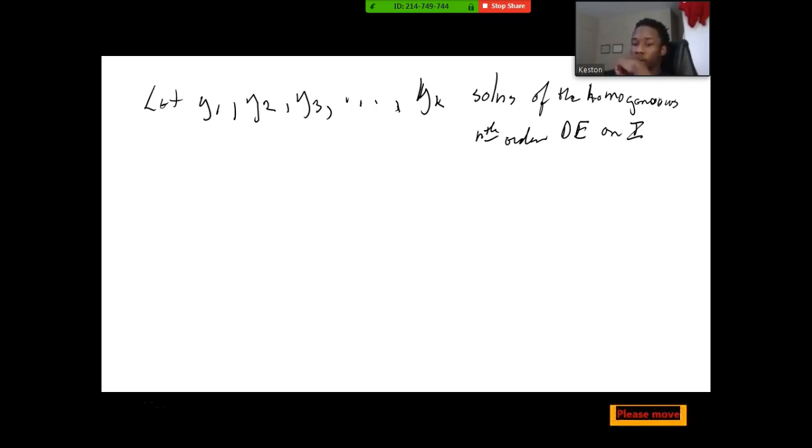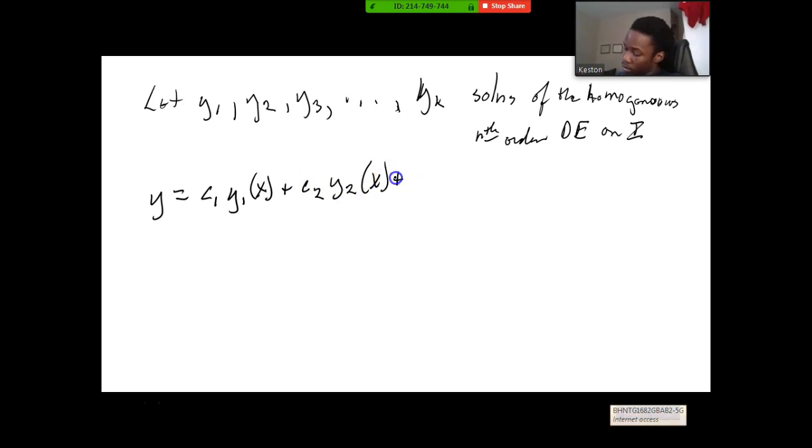If indeed that's the case, that these are all solutions, as long as k is less than or equal to n, then y is equal to c1 y1 of x plus c2 y2 of x plus c3 y3 of x plus dot dot dot plus c sub k y sub k of x.